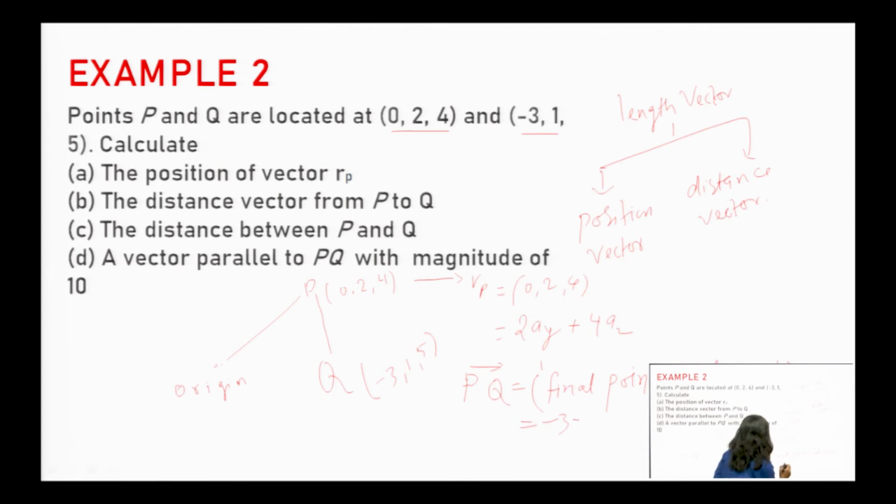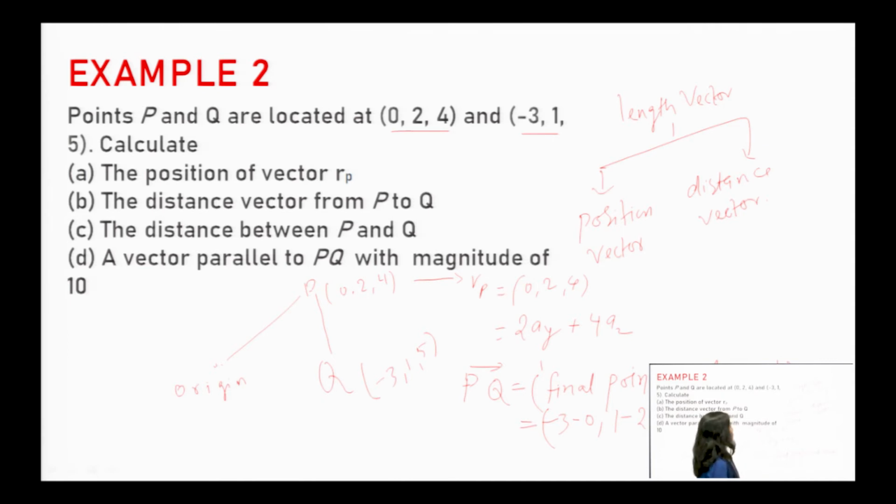So, minus 3 minus 0, comma, second point is 1, final point is 1, initial point is 2. So, 1 minus 2, comma, this is the x component of final point, this is the y component of final point, this is the z component of final point.